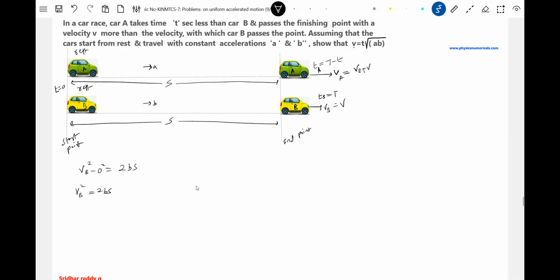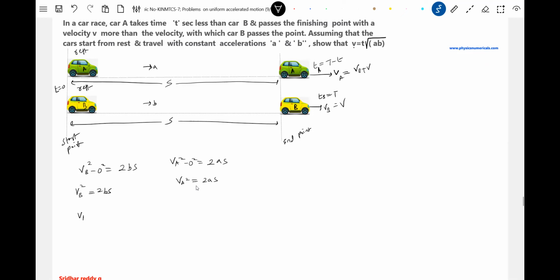Keep it here. Then VA square, what you can write as VA square minus 0 square equal to 2AS. S is an unknown thing which is not given. So what you can do, you can divide or multiply, that has to be searched.